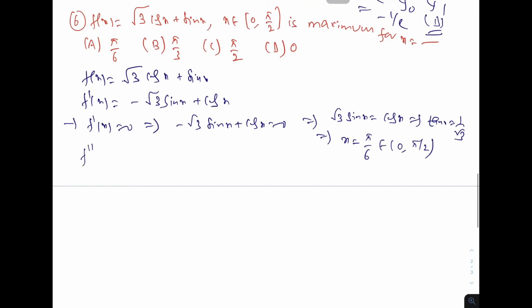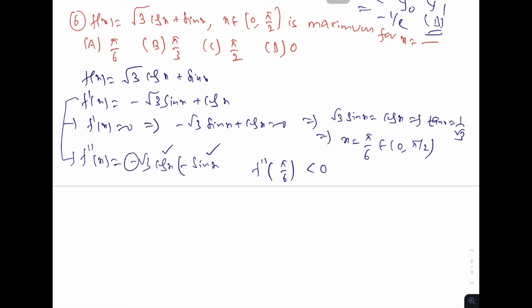And what is second derivative? So second derivative is from here minus root 3 cosine x minus sin x, and since pi by 6 is in the first quadrant, so sine and cosine are positive. So f second derivative at pi by 6 is negative, because this value is positive, this value is positive, and we are having sign negative.